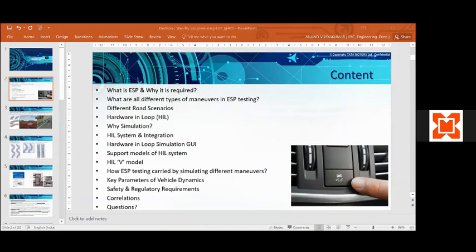So let us know what electronic stability programming is and what the content of this topic is today. This is the content of my presentation.